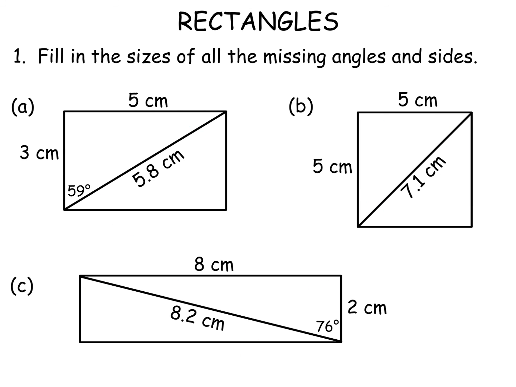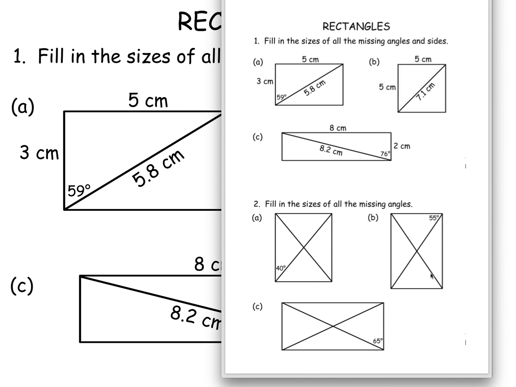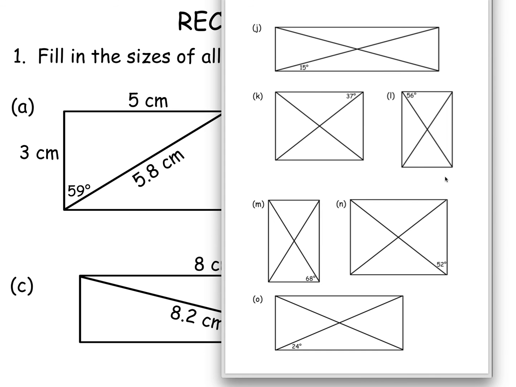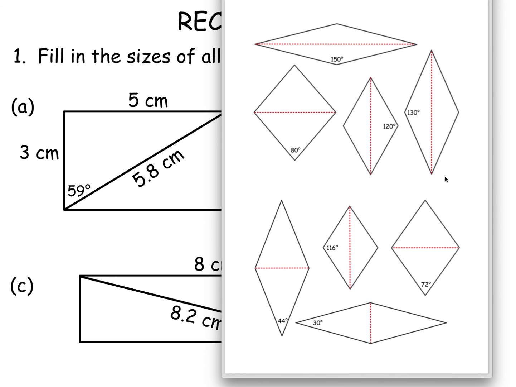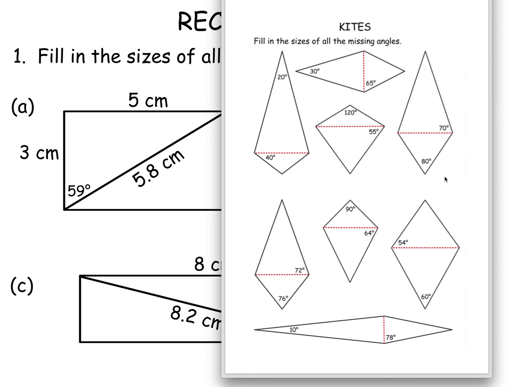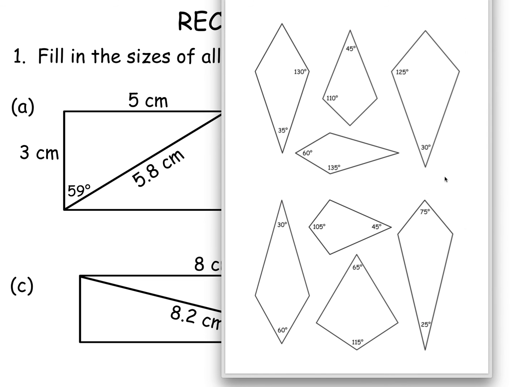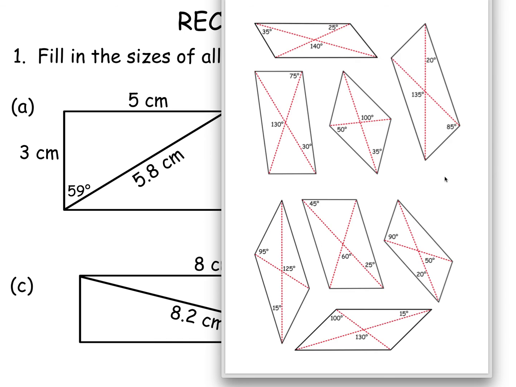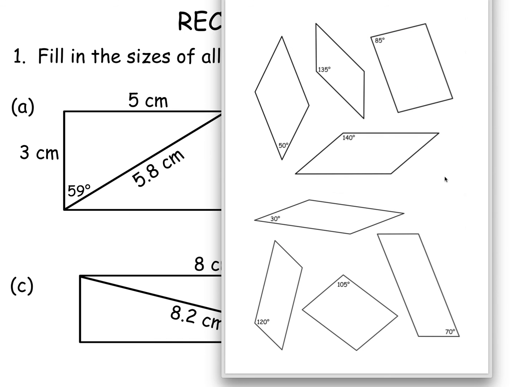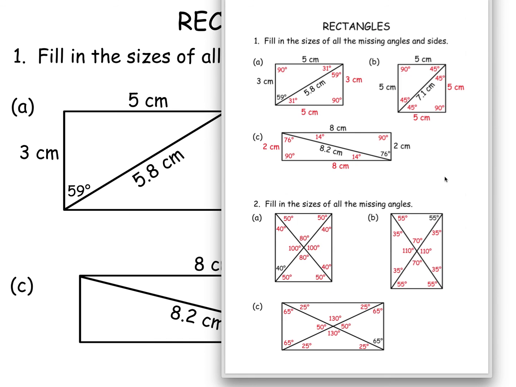There are just lots of questions, and basically you just fill in all the angles possible, which means every angle. So lots of questions, rectangles followed by rhombus, followed by kites, followed by parallelograms, followed by all the answers.